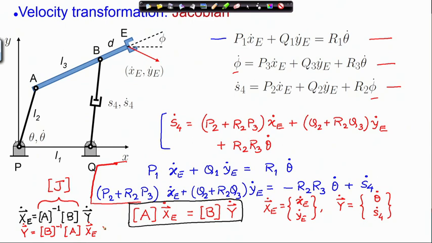So, we have finally determined the velocity relations. Our joint velocity vector is theta dot, s 4 dot. So, from here I have found a relation to x e dot and y e dot, which is the end effector velocity.